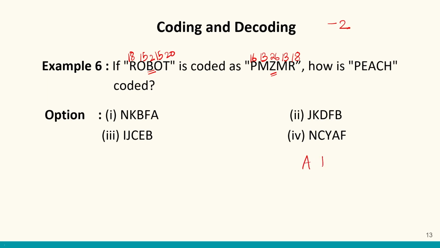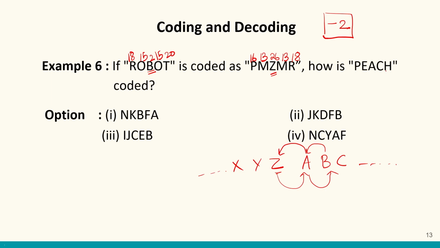If we have X, Y, Z, before this and after this, in the concept of looping, if we have to move 2 positions forward from Z, we'll go 1 position forward and then 2 positions forward. Following the same rule, if we have to go 2 positions back from B, we'll go 1 position back and 2 positions back. So B will be coded as Z when we go 2 positions back.